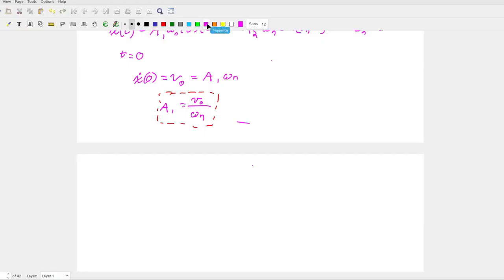But if you want to write down the full solution, it's x of t is equal to v naught over omega n.